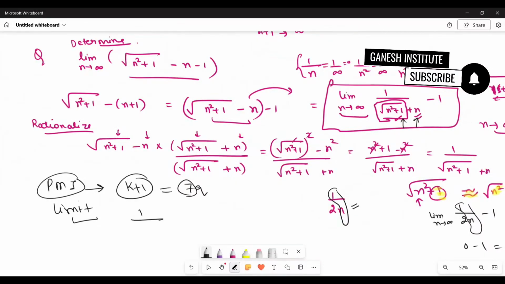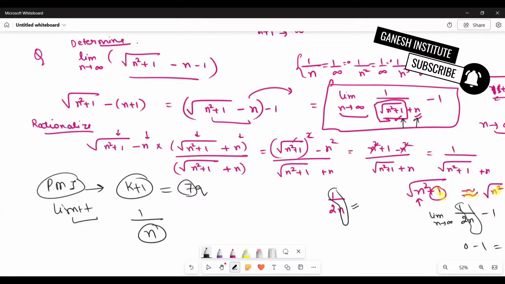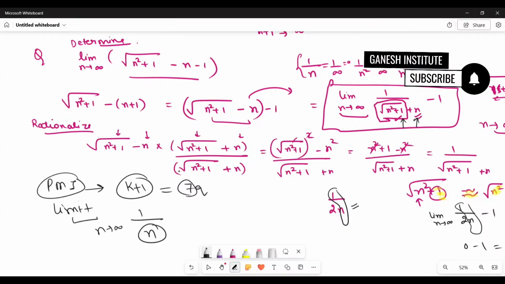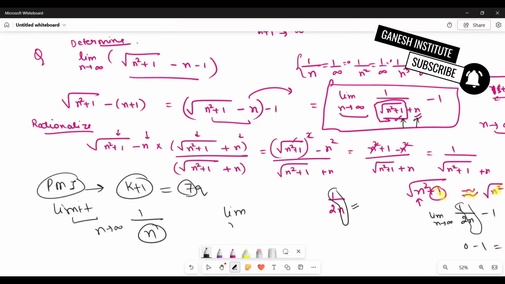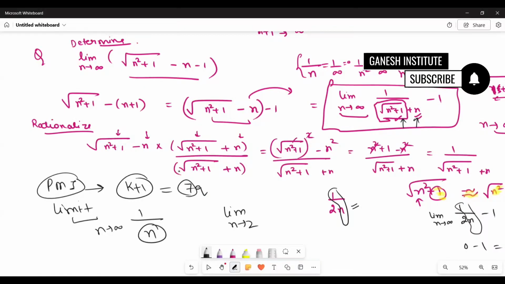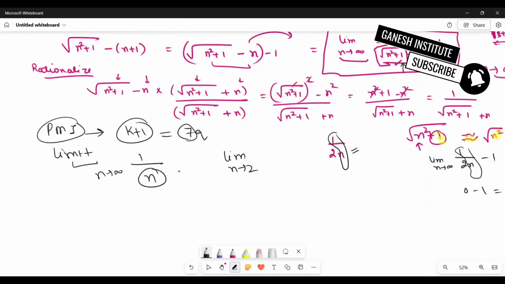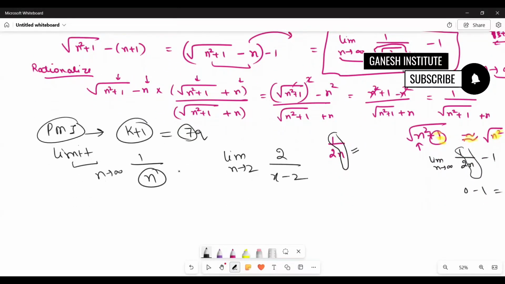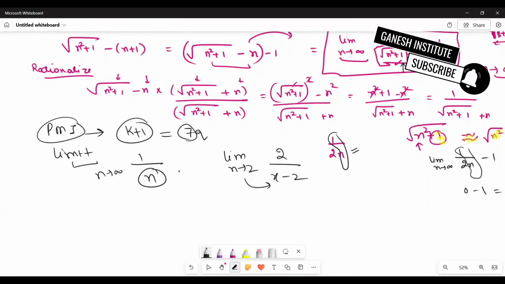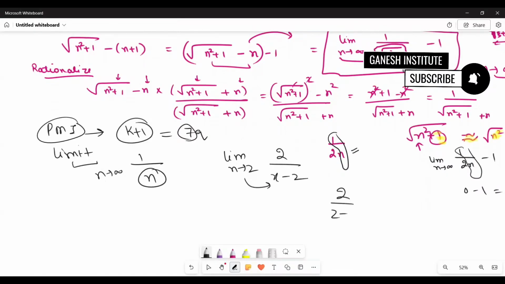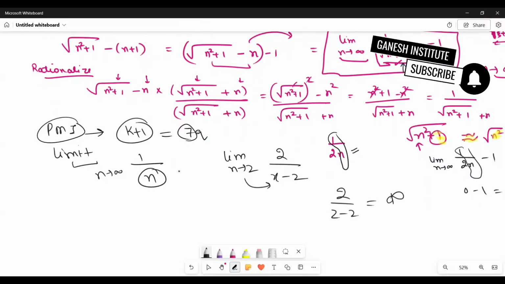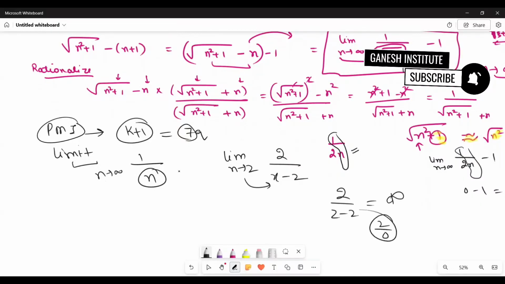When it is a limit, just try to make it 1 by n form if n is tending to infinity. Because if n is tending to 2, and if it is 2 upon x minus 2, I can't simply substitute x as 2, because 2 minus 2 will give me 2 by 0, a not defined form.